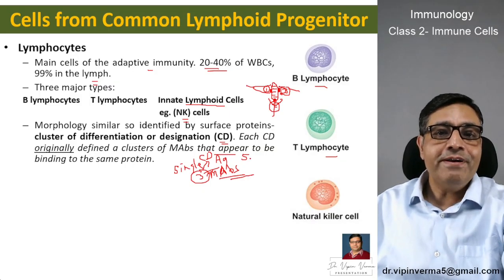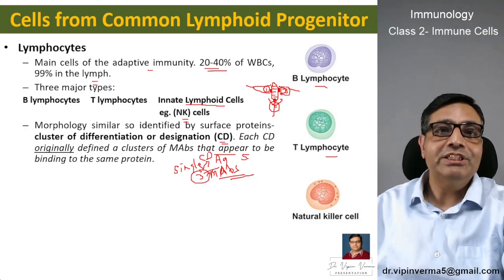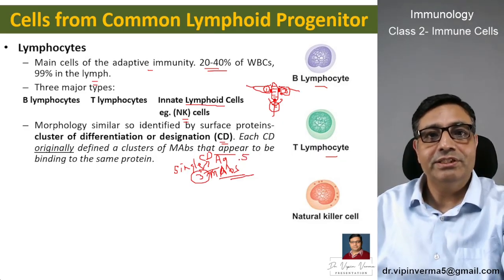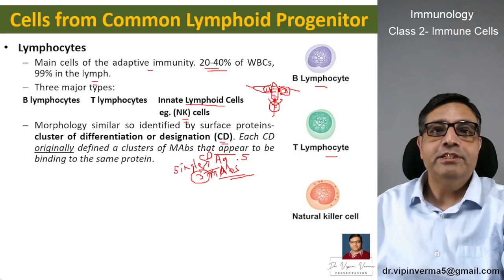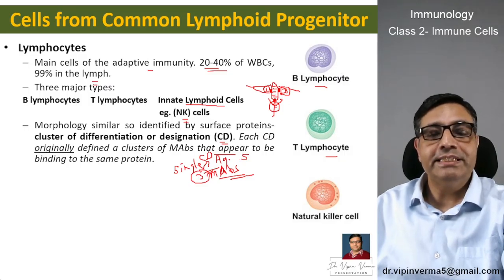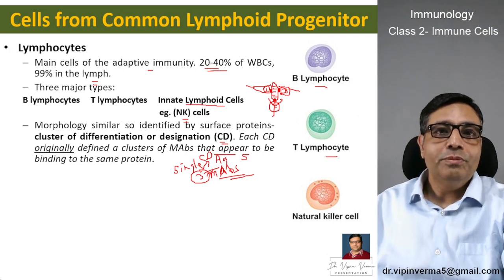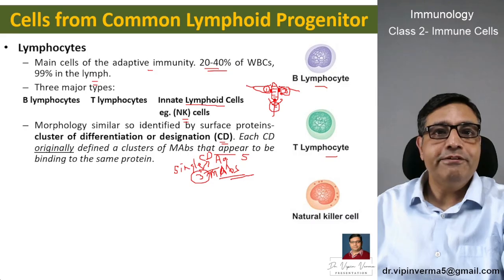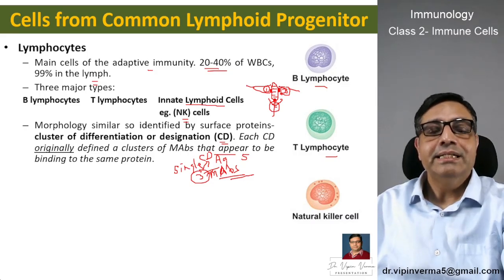So every molecule or every antigen has a CD designation. We call CD1, CD2, CD3, CD4, CD5, CD6, and so on. In T cells, you must remember that we have the CD4 as T helper cells and CD8 as T cytotoxic cells.